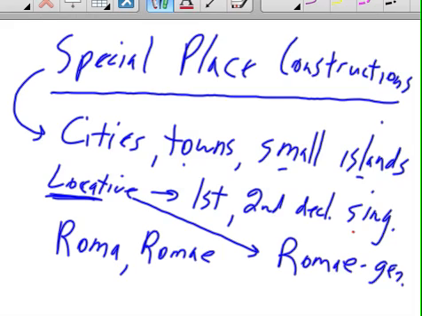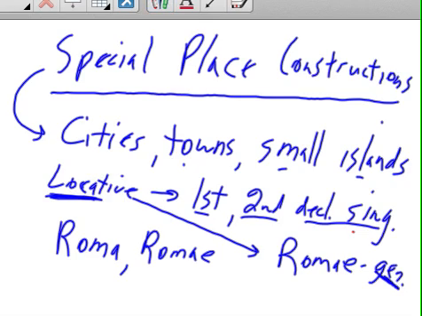Okay, so this is really weird. If it's a first or second declension singular place name, to say in Rome, in other words, to give the locative, you would simply use the genitive form of the word, Romae. That's kind of funky stuff, but there you have it.